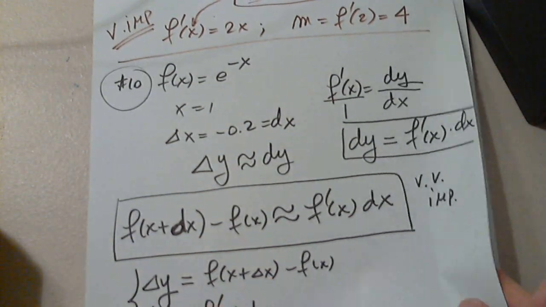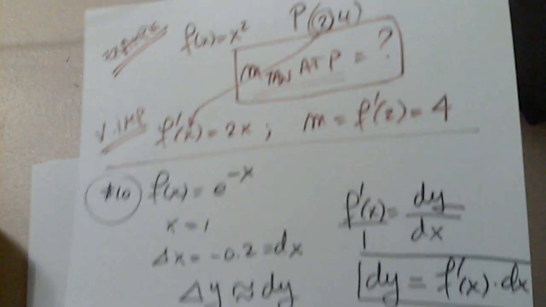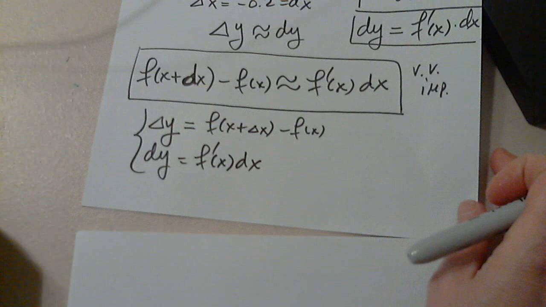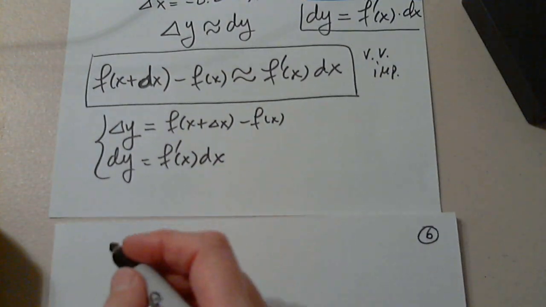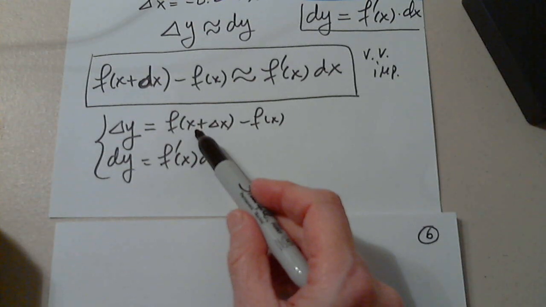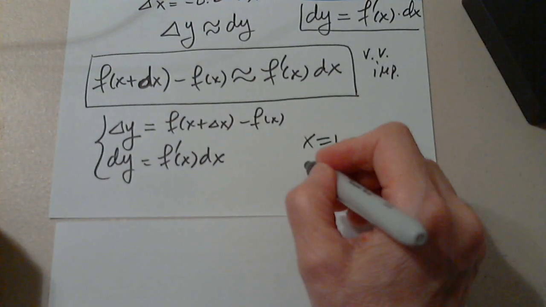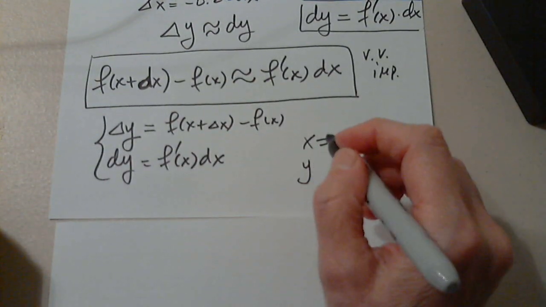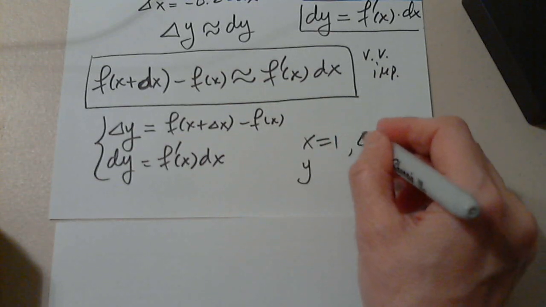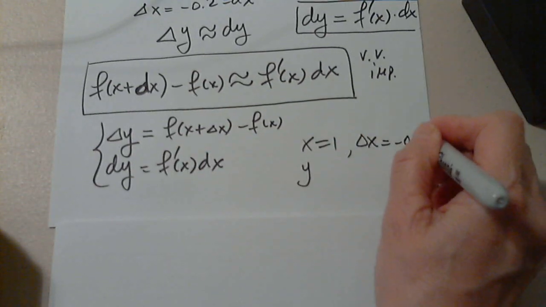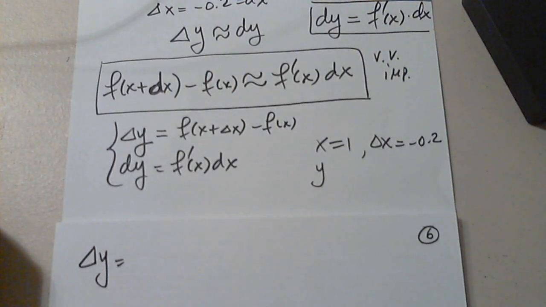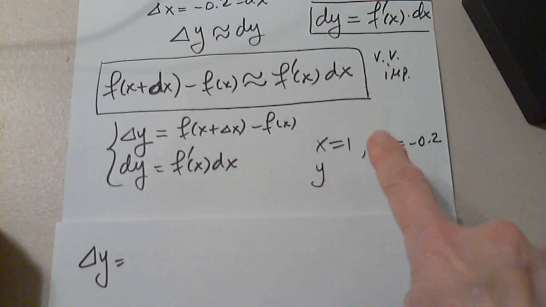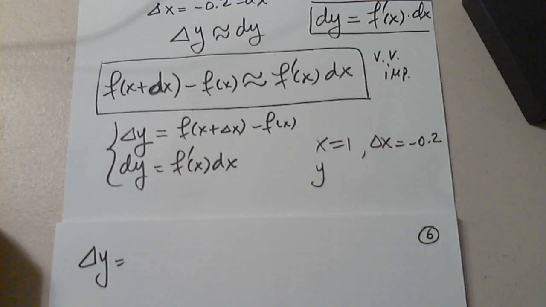Okay, perfect. So then, x is 1 and delta x is negative 0.2. So delta y equals f of x plus delta x. x plus delta x is 0.8.